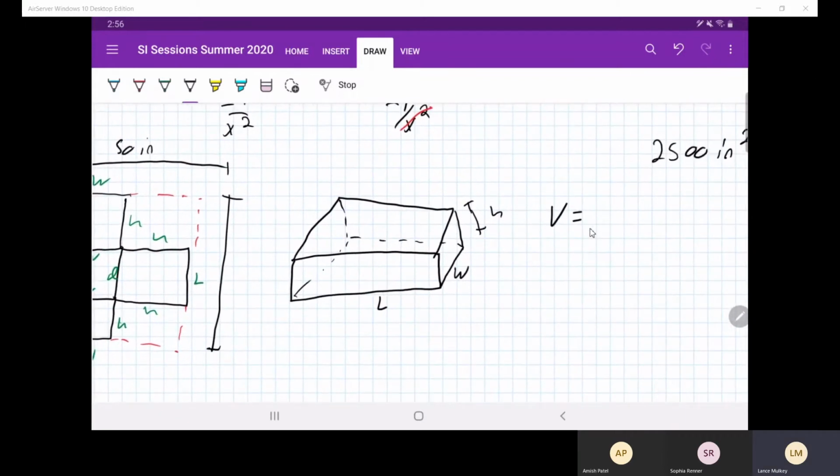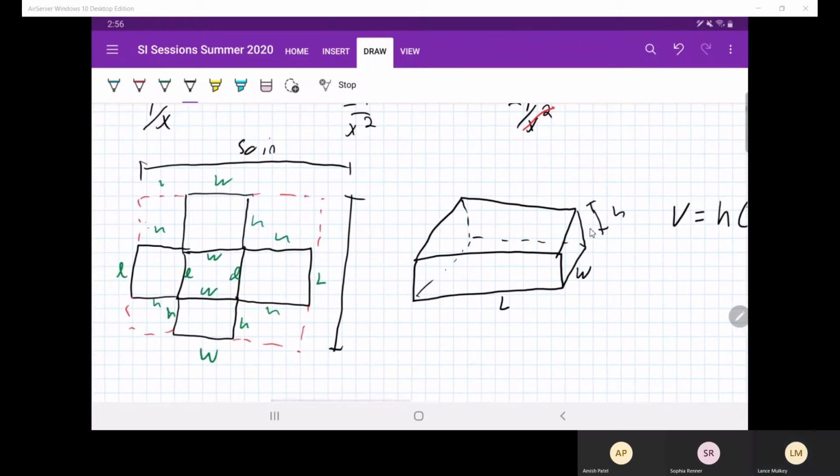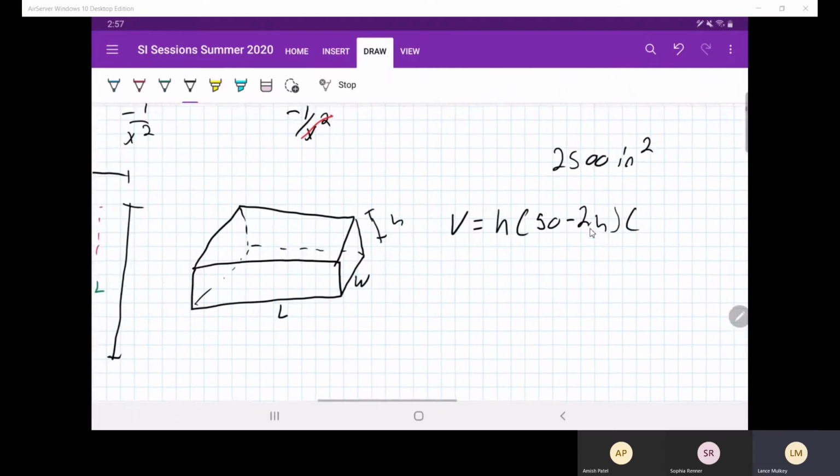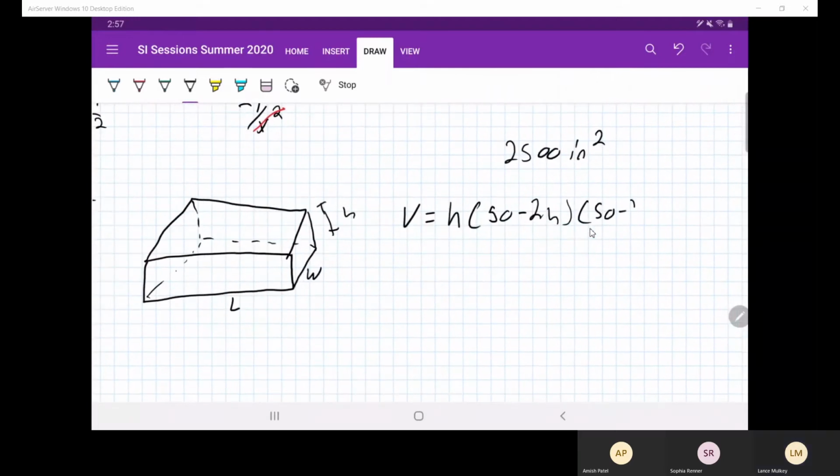Volume equals height, so h times 50 minus 2h for the length. So you have your h here, your h here, and your 50. So 50 minus 2h times, and your width is the same thing, 50 minus 2h.